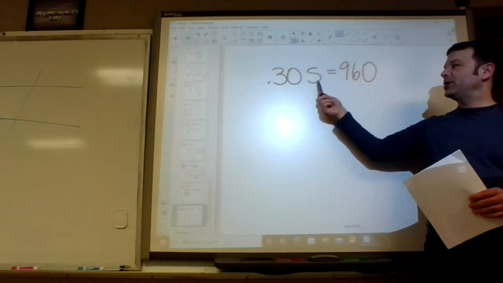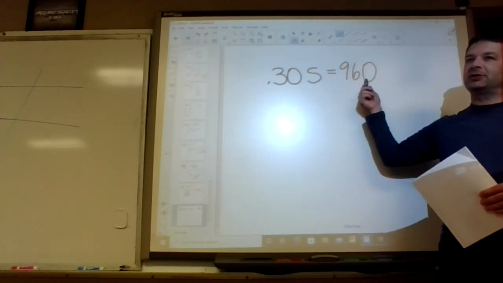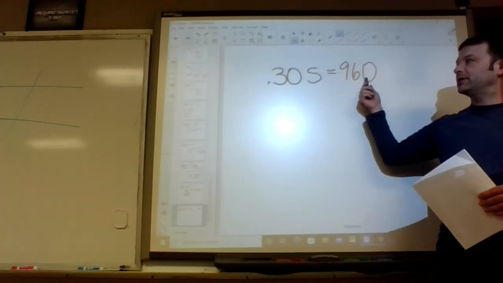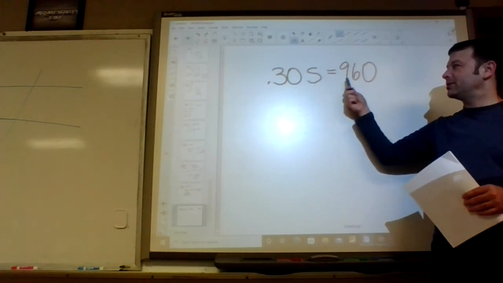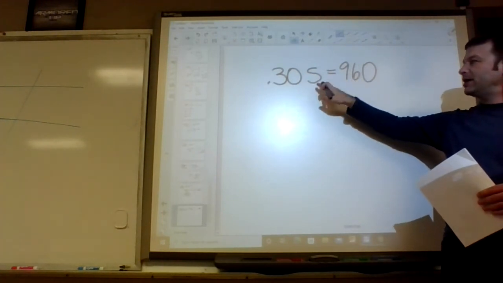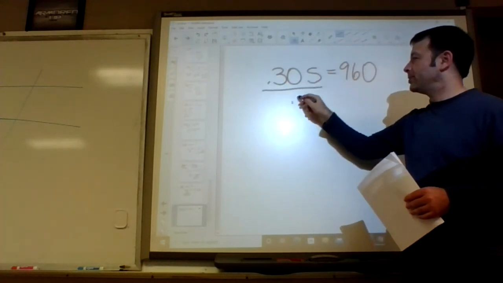So should what they sell be bigger or smaller than $960? Bigger, quite bigger. So how do I solve this for S, for what they sell? You divide by 0.3.